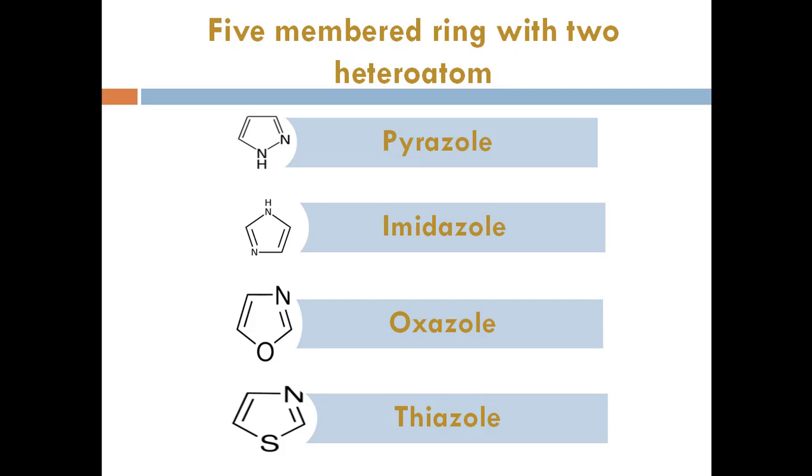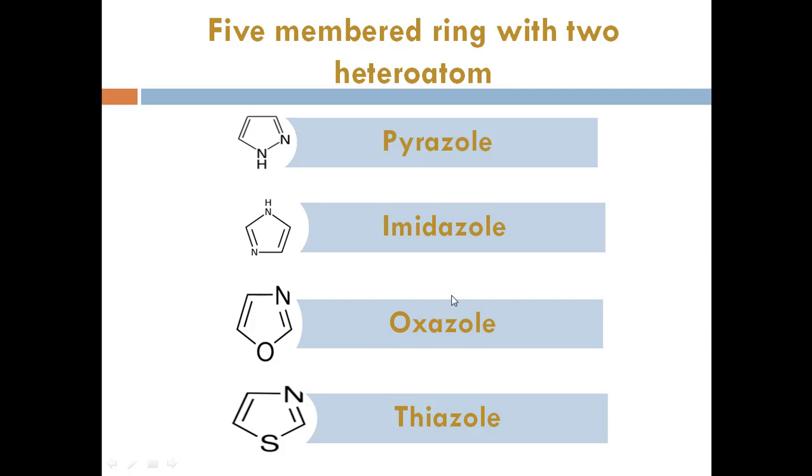What is the difference between these two compounds? That is the relative position of the 2 nitrogen atoms. In pyrazole, the 2 nitrogen atoms are at 1-2 position, and in imidazole, the 2 nitrogen atoms are at 1-3 position, right? So when 2 heteroatoms are present, the relative position of these 2 heteroatoms is important.